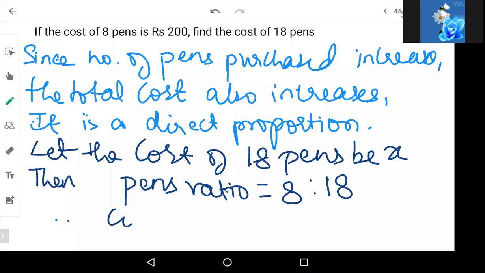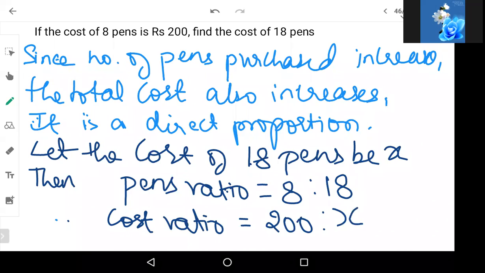Then what is the cost ratio? If we are paying 200 rupees first, then we are supposed to pay x rupees later for 18. Very good. 8 is to 18 is equal to 200 is to x.